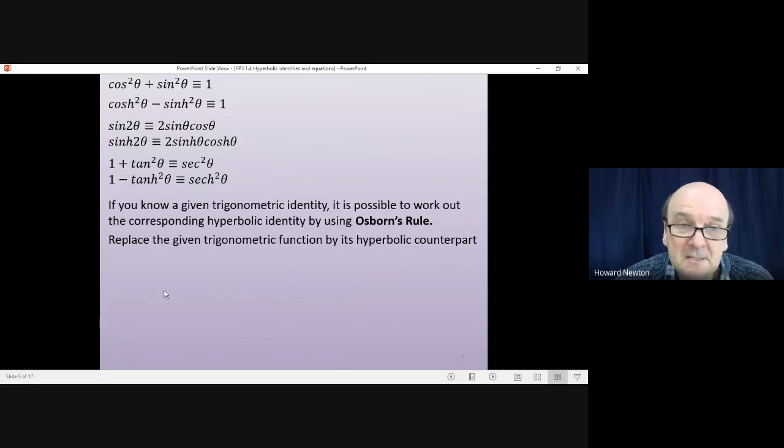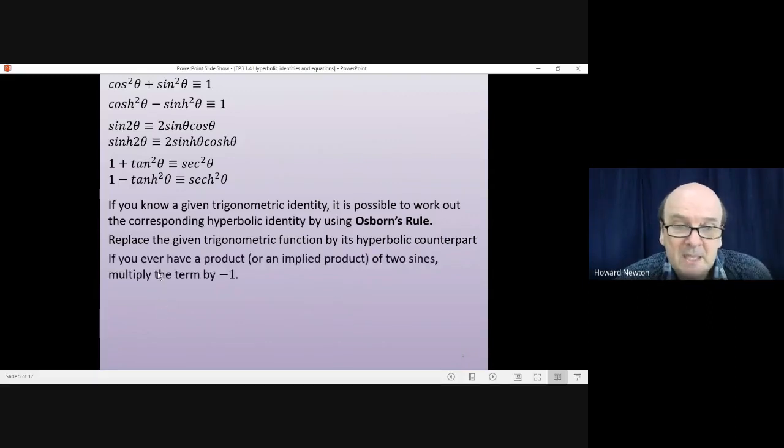But it's the next thing that is more significant. If you ever have a product or an implied product of 2 sines, you have to multiply the term by minus 1. What does that mean? It means if you had a term sin squared in the trig identity, that'll change to minus sinh squared in the hyperbolic identity.